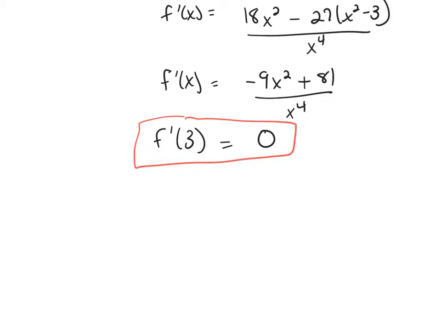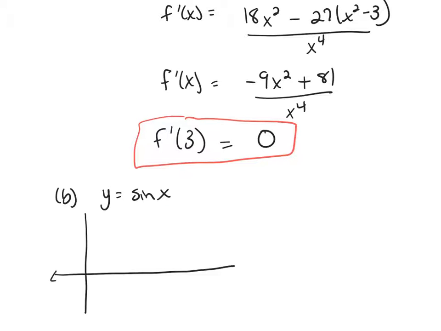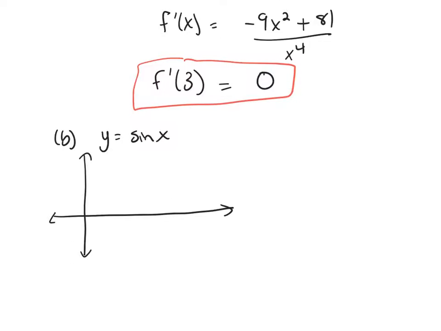So let's repeat that again, but for a different problem now, a different function. We're looking at y equals sine x. And here I have two relative extrema we're going to look at. Pi over 2, it's 1. 3 pi over 2, it's negative 1.